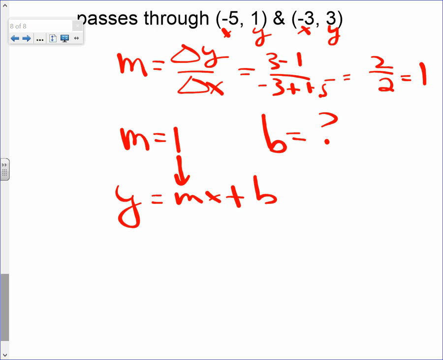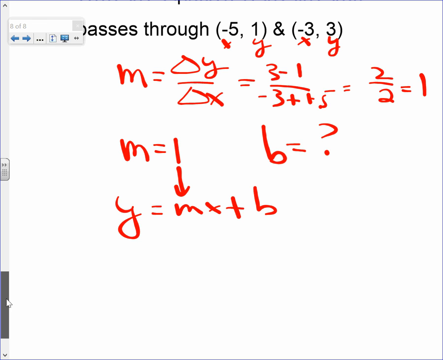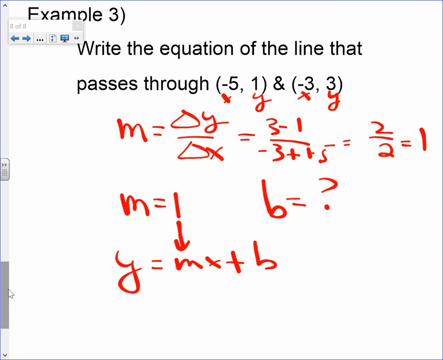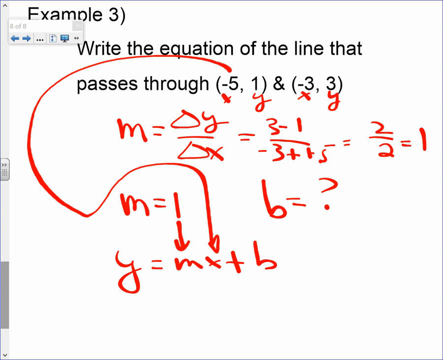How about x and y? I have 2 points to choose from. Take your pick. It doesn't matter which ones, because remember, any point on the line is a solution, no matter where you pick it. So you can substitute x and y with -5 and 1, or -3 and 3. I'll do the first one. So I'll replace x with -5 and y with 1. Then we'll find our b like we just did in examples 1 and 2, and we're in business.